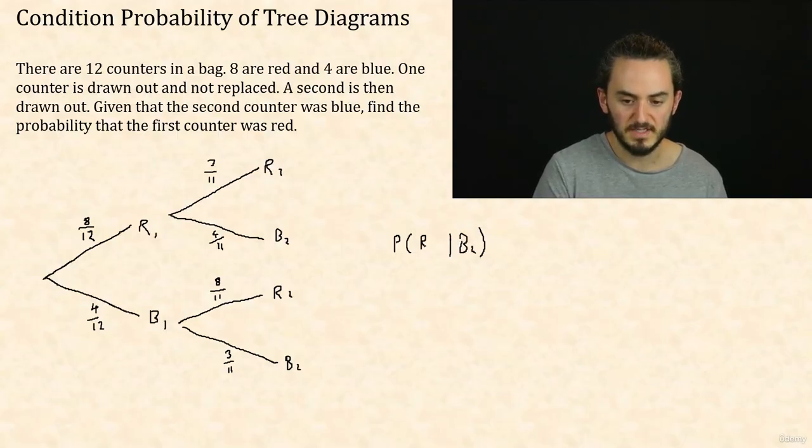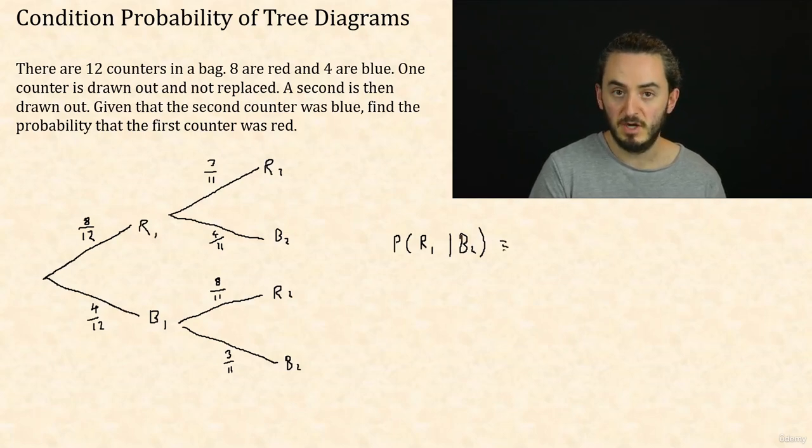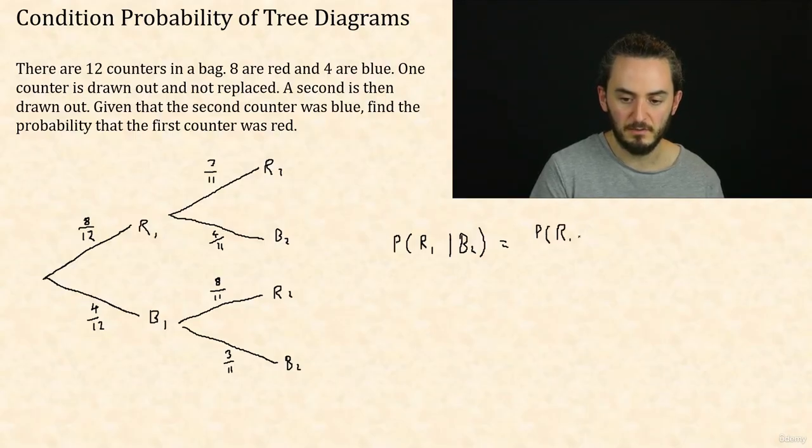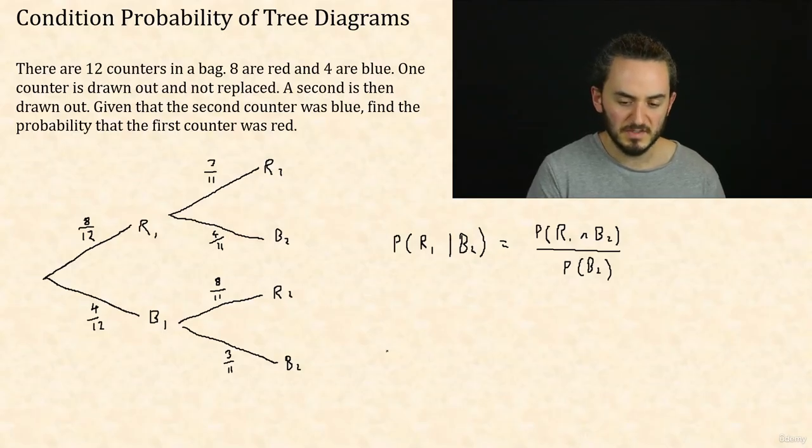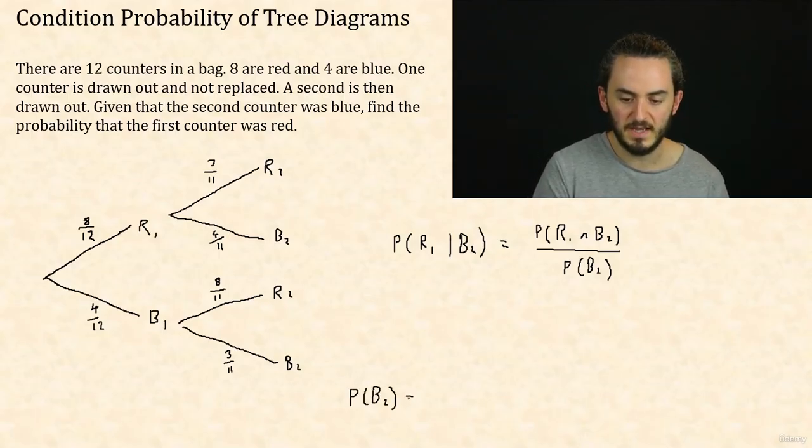So what is the probability of R1 given B2? Well, using my conditional probability formula, I know that's the probability that the first one was red and the second one was blue, divided by the probability that the second one was blue. Let's work out the probability that the second one was blue first, because there are 2 ways that happened.